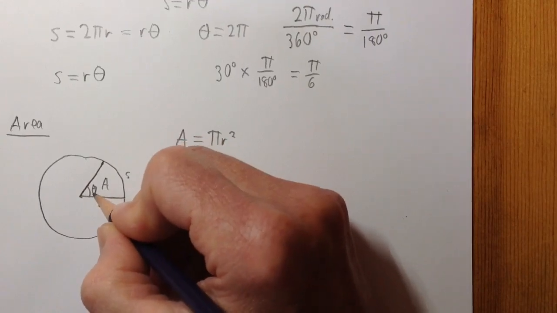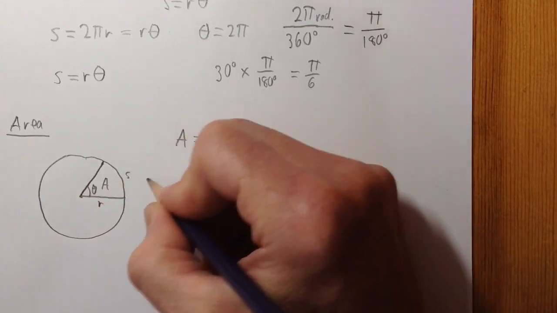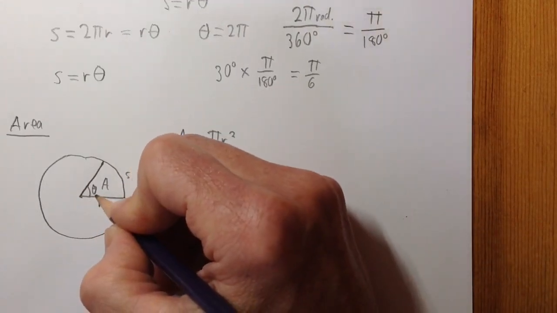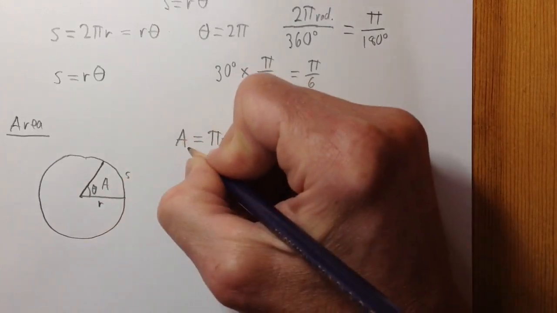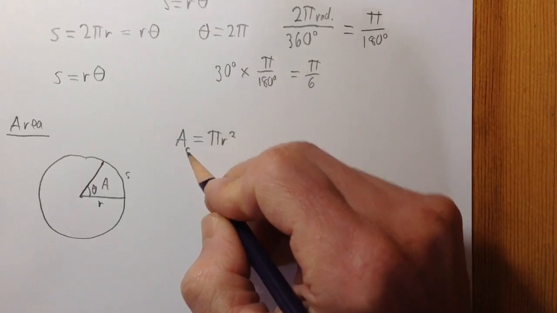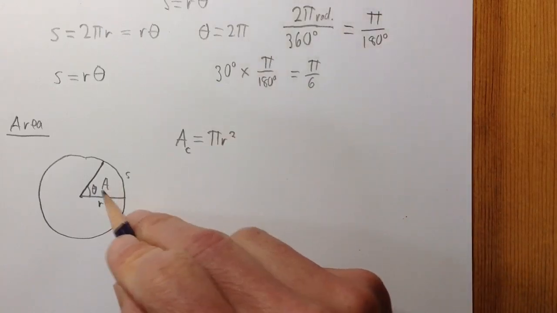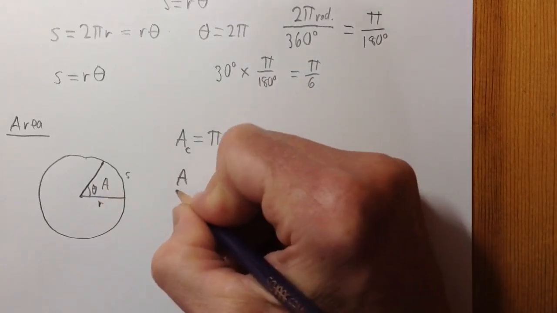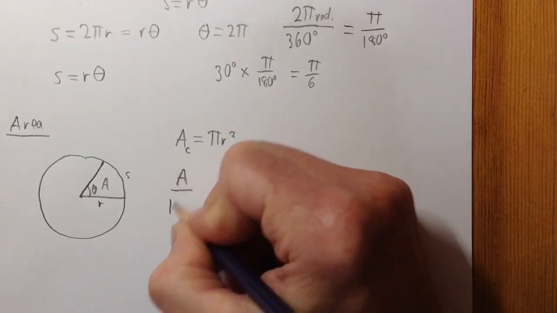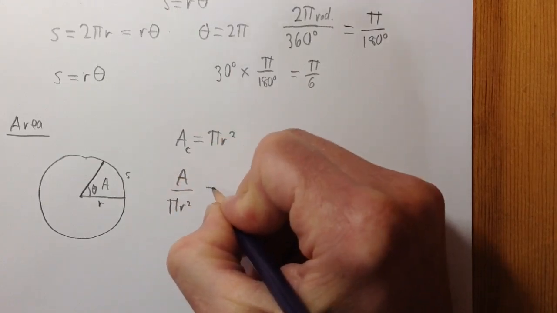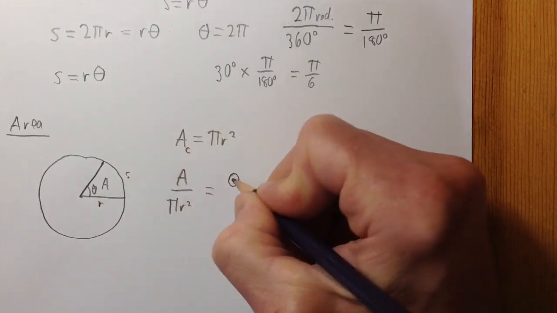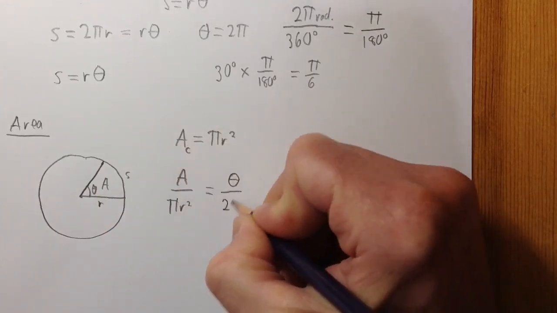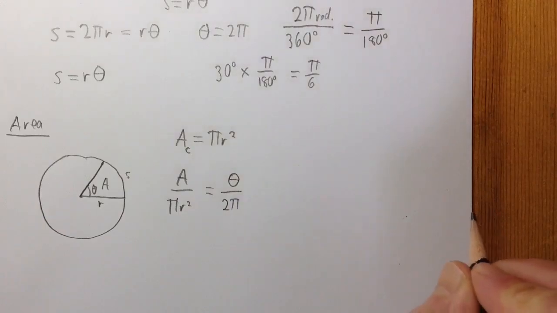If we do theta in radians, then we can set up a ratio. This is the area of a full circle, and it's not the same as this area. The area we have here, compared to the full circle, is the same as the fraction of the angle we have divided by the full angle, which is 2 pi.